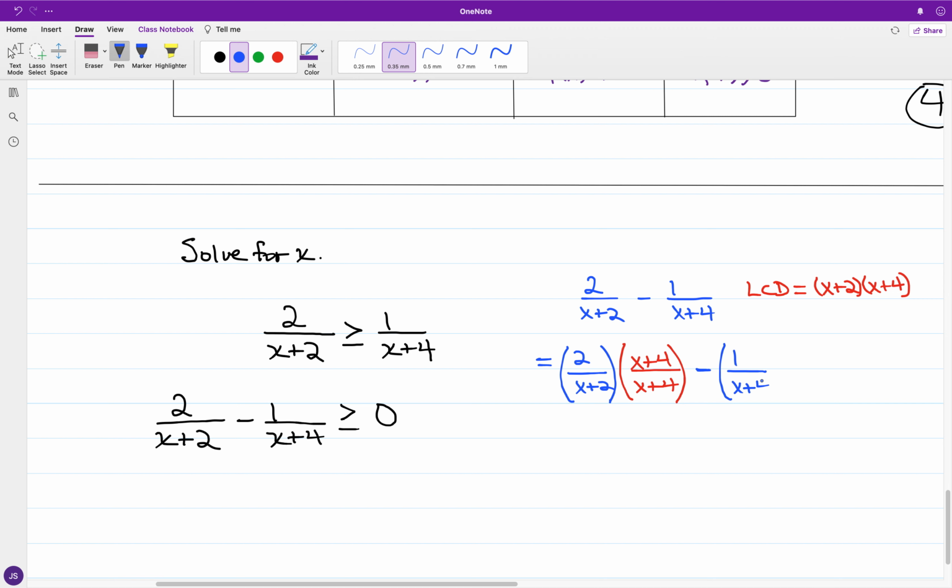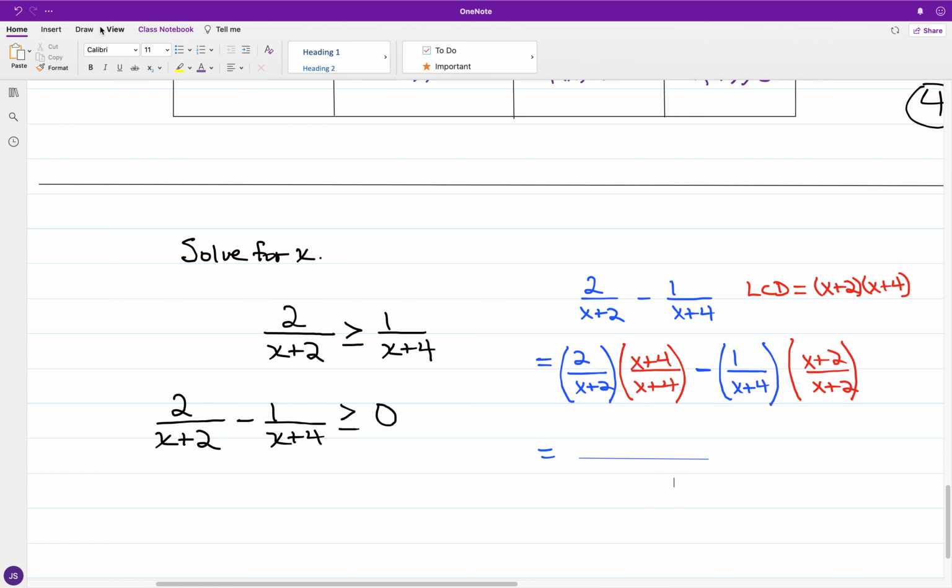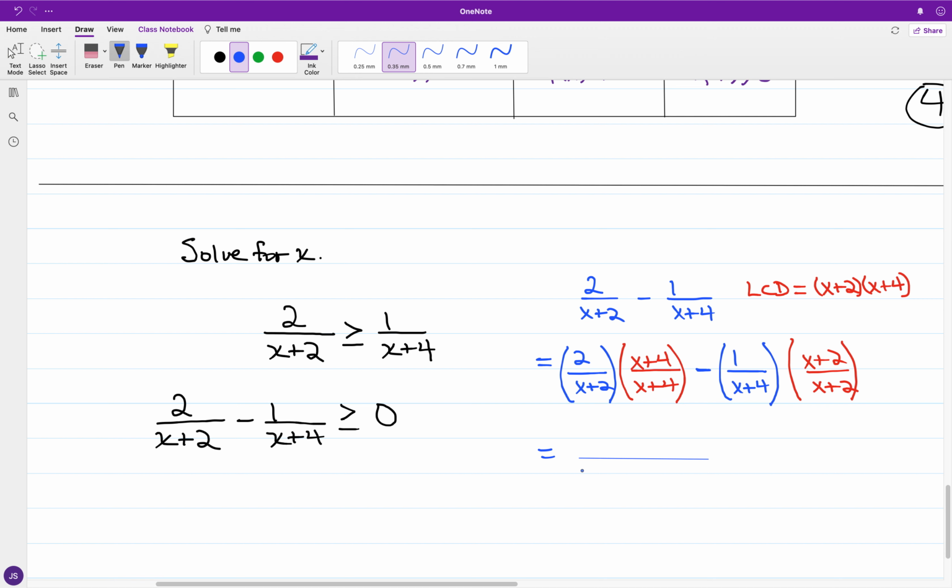With the second fraction, I had the reverse scenario: I had the x plus 4 part, but missing the x plus 2. So I'm going to multiply this ratio by 1 in the form of x plus 2 over itself. So we'll have x plus 2 times x plus 4 in the denominator for both ratios.